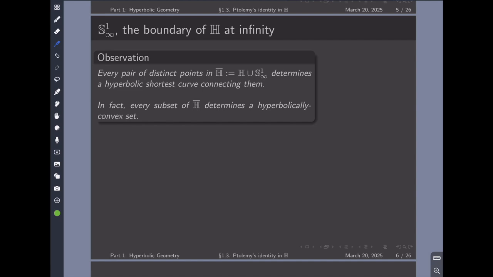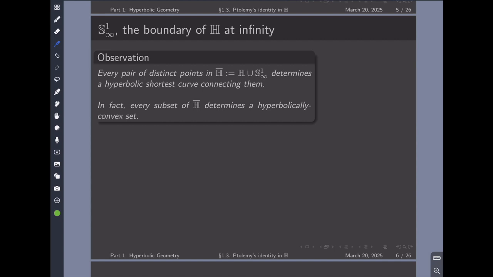In the Poincaré disk, it's the unit circle, which doesn't really belong to the model. It's not really part of the hyperbolic plane, and we think of them as points at infinity. So they are the closure at infinity.